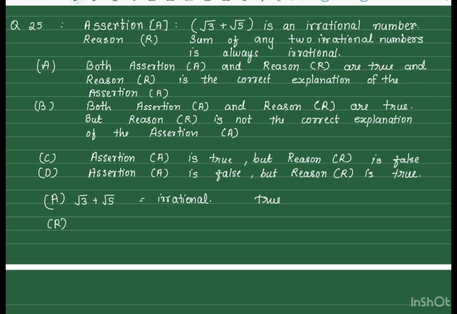Now check reason R. Sum of any two irrational numbers is always irrational, which is not true because 2 plus root 3 is an irrational number. 2 minus root 3 is also an irrational number.